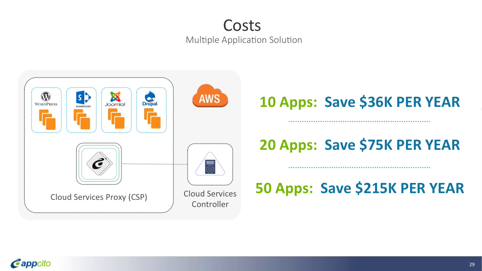When you go into the range of 20 or 50 applications, the costs are significantly reduced, and the savings are $75K for 20 apps or $215K for 50 apps.